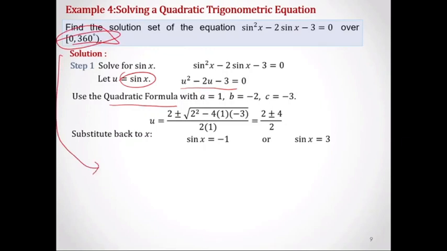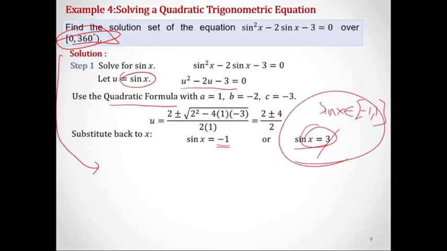Sine x equals minus 1 happens just at the multiples of 90, so let's check them. But definitely, sine x equal to 3 is not possible, because sine x is always between minus 1 and 1. So there's no solution for it. Definitely, we can eliminate this.